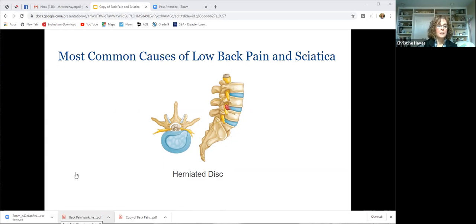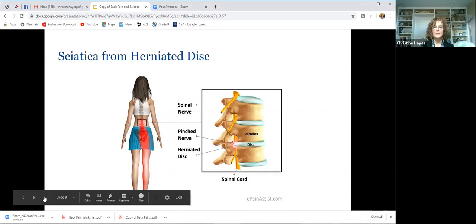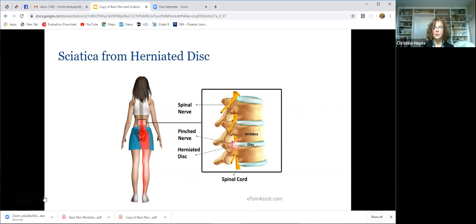When we go to the next slide, you're going to see a little more about the sciatica caused from a herniated disc. There you see, again, that little disc material coming out, and it's also typically affecting the leg going down. As physical therapists, we know exactly which disc is herniated by where you tell us the symptoms are, even without an MRI.